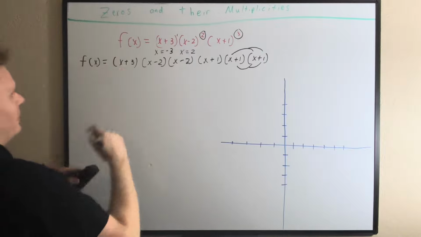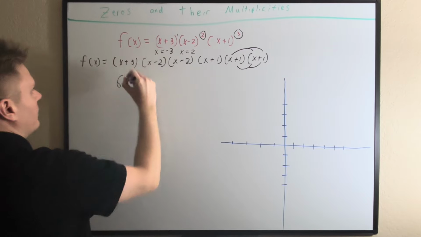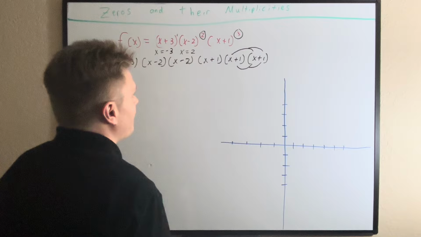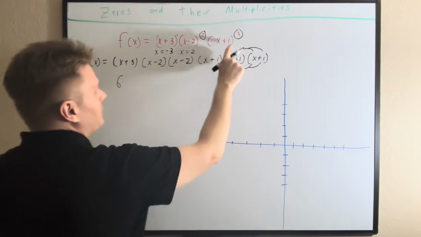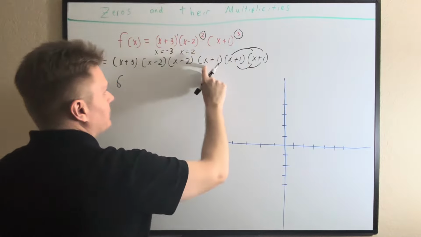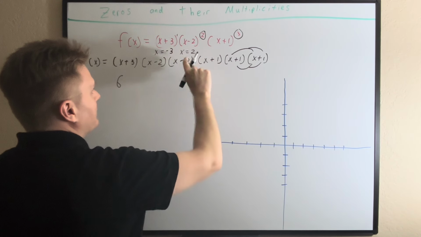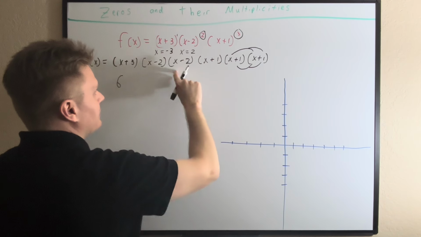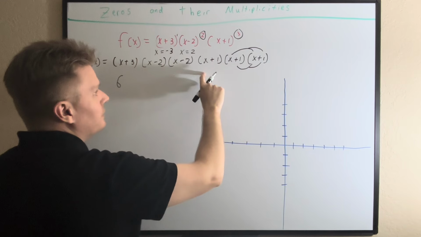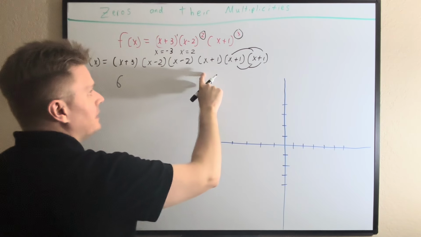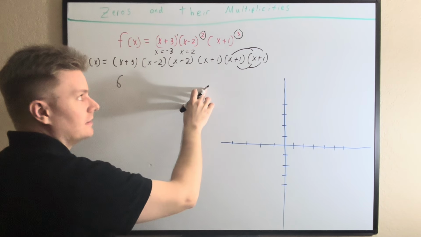How do I know that without actually multiplying them all out? Well, because we know this is going to be multiplied 3 times, so there's going to be an x cubed there. This is going to be multiplied twice, so that's going to be x squared times x cubed eventually, which will be x to the 5th, right?